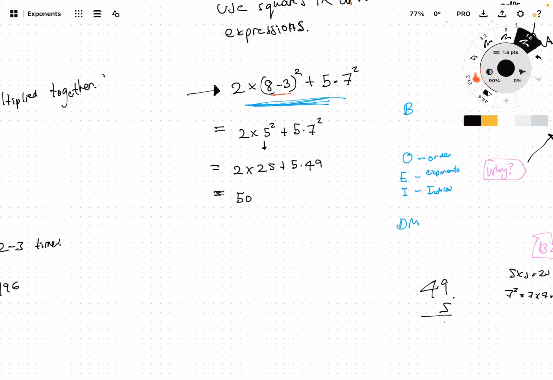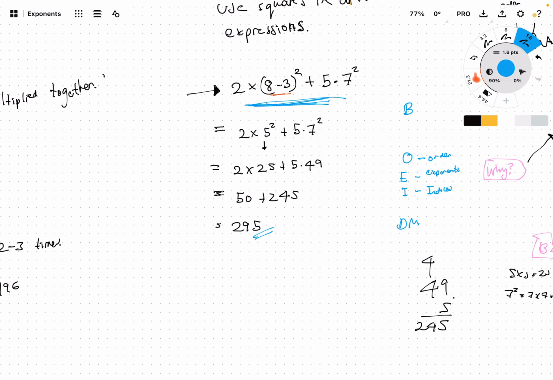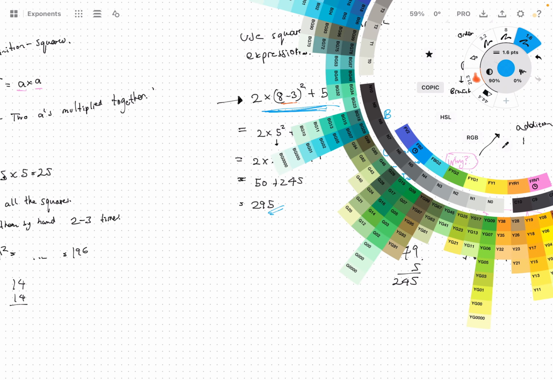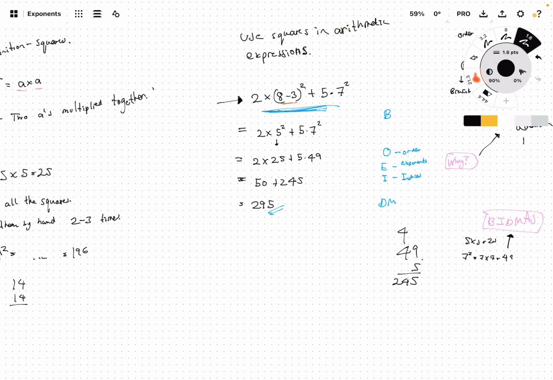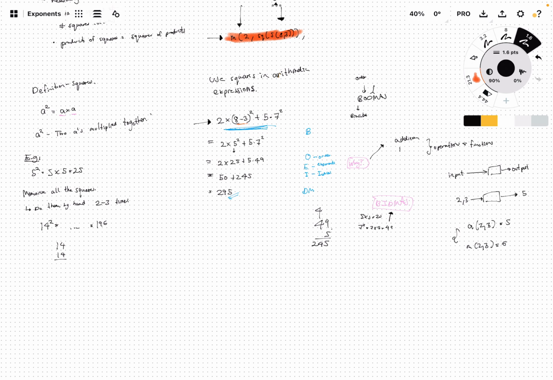Let me go slower: 9 times 5 is 45, 5 times 4 is 20, so that's 245. So 50 plus 245 equals 295. So 295 is our answer here to this expression. And we just got to be comfortable following this order around when we do this.